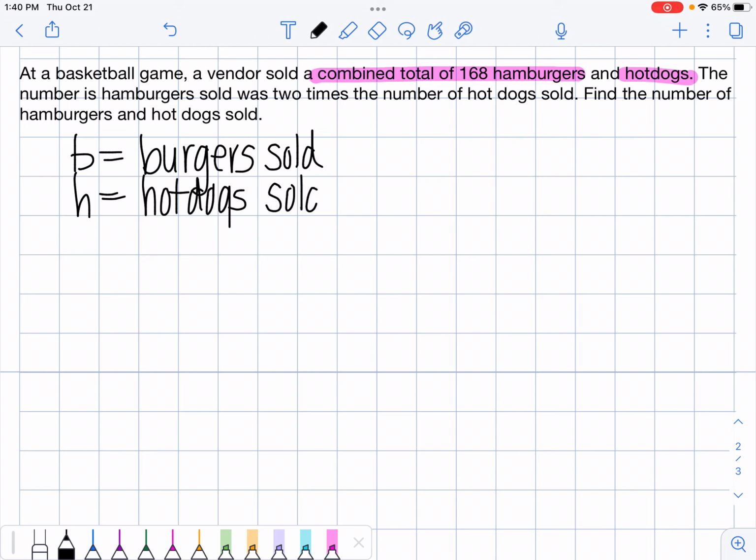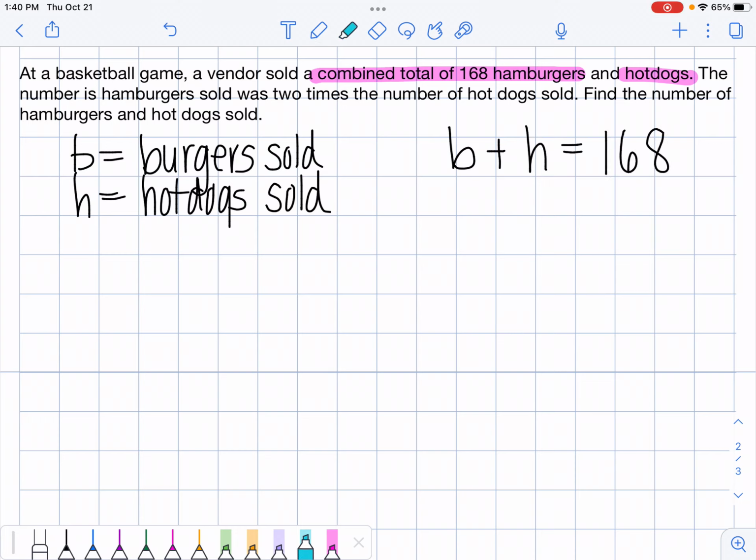Now, you always want to write this out so that you remember what you assigned your variables to, because sometimes later on you can forget, especially if you choose X and Y and your variables don't correspond with the things that you're solving for. Okay, so we know that burgers plus hot dogs equals 168.